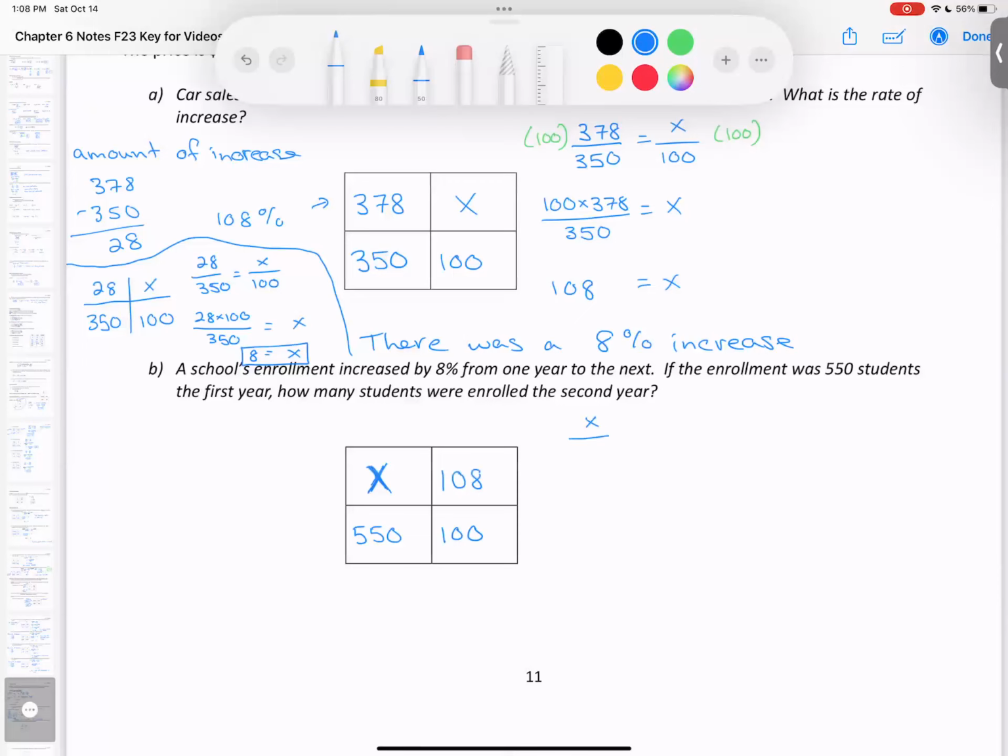So now we can set up our proportions. We're going to have to move this 550 up and across the equal sign. In other words, we're multiplying both sides by 550. And what does that give us? 594.